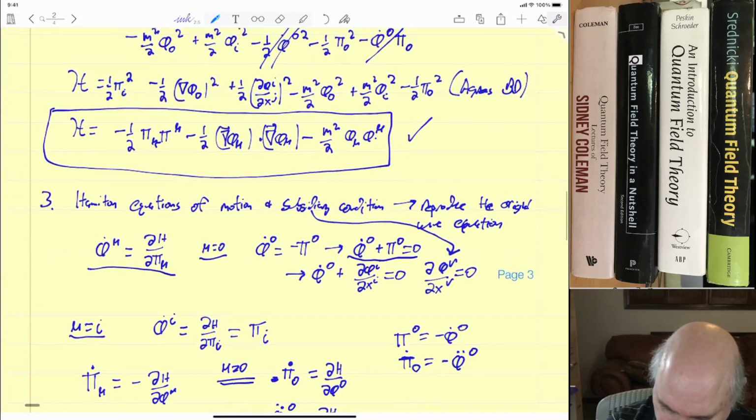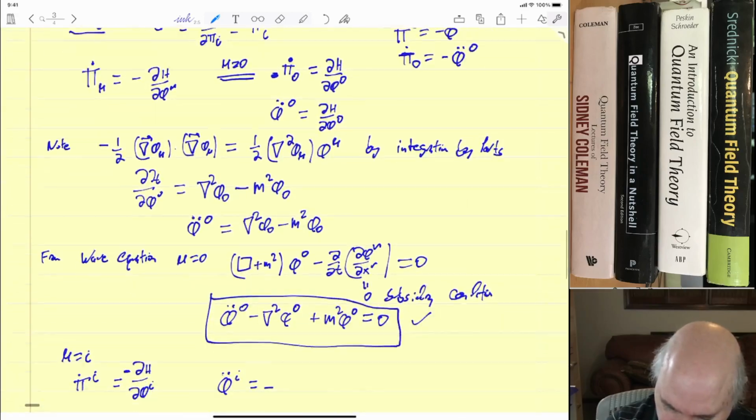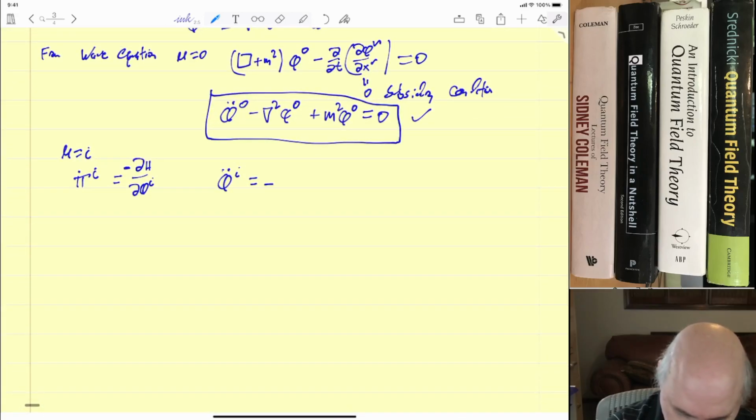Let's go back and look at our thing. We again have the same thing here, only now we have an I, and the same thing here, only now we're going to have an I. So I'm going to get a minus del squared phi I plus m squared phi I. You can check the signs and you'll see I didn't make a mistake.